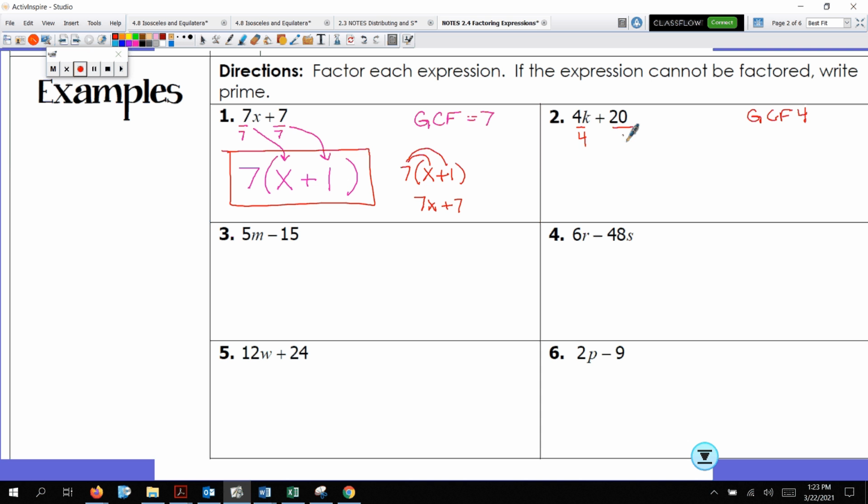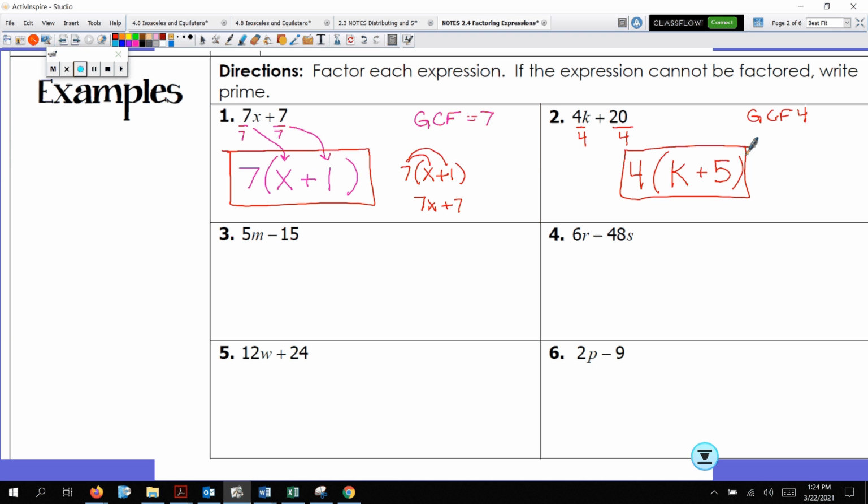So you're going to divide by 4. When you divide by 4, that 4 goes out front, and you write down in the parentheses what you have left over after you divide. 4k divided by 4 is just k. 20 divided by 4 is 5. Since it's positive, you just put a plus sign. That is all there is to it.